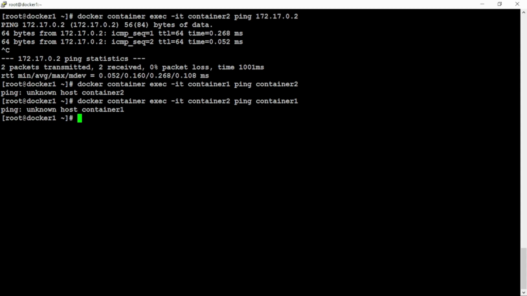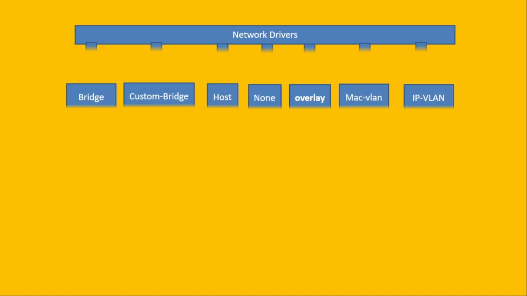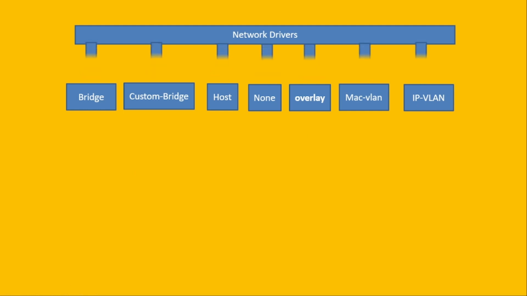It will not work because of the default bridge driver. Don't worry, we will cover what the default bridge driver is in my coming slides. So let's jump into the network drivers. How many types of network drivers are there? They are bridge, custom bridge, host, none, overlay, Macvlan, Ipvlan.